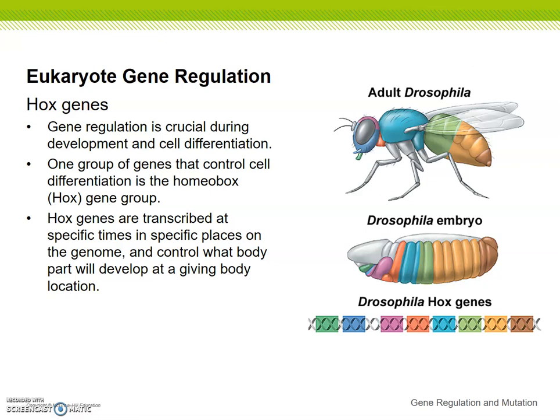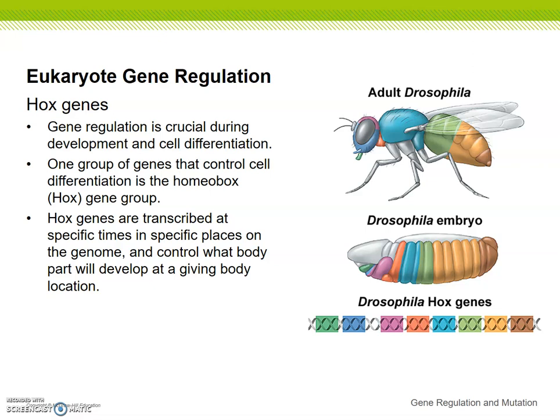And what I mean by that is when an embryo begins to form into the organism, the cells are all the same, but eventually certain cells, think about your own self, certain cells have to become hands, and certain cells have to become feet, and certain cells have to become hair and eyeballs and skin and all the things that make up the human body. The Hox genes control cell differentiation.